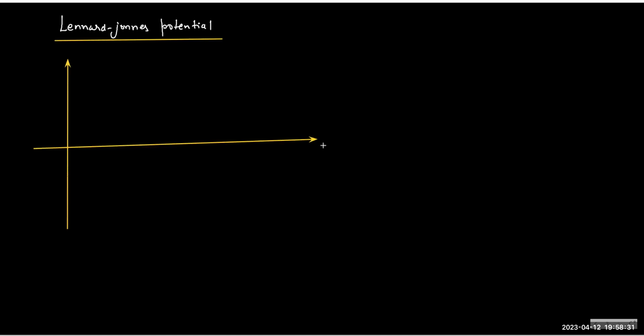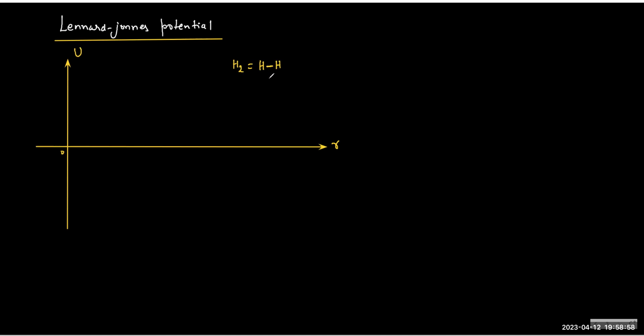So this potential energy you must have seen somewhere. If you have any textbook, you can't miss this graph. It is a graph between the potential energy and the separation between two H atoms. So we have the H2 molecule in which we have H atoms at some separation called the bond length, right?